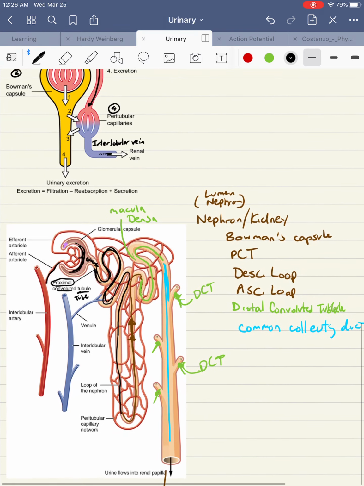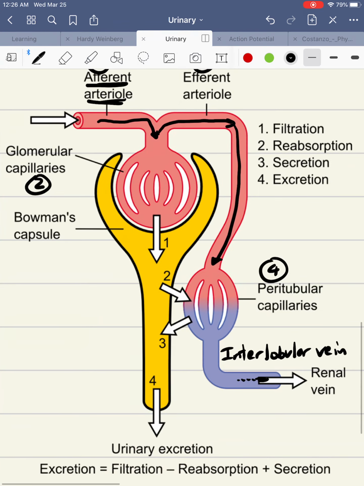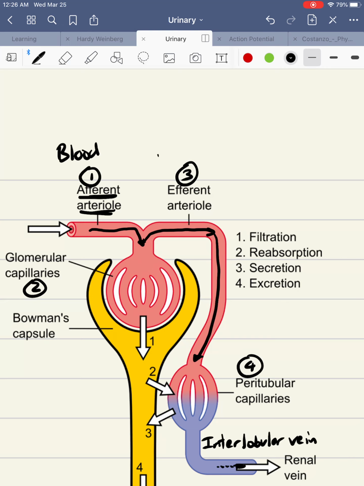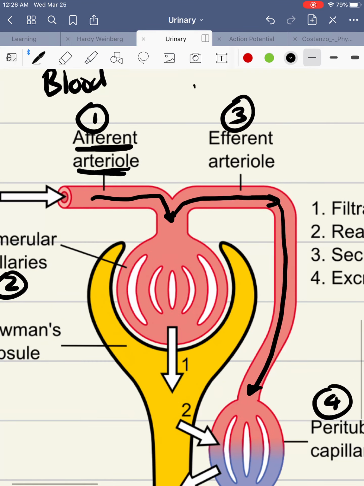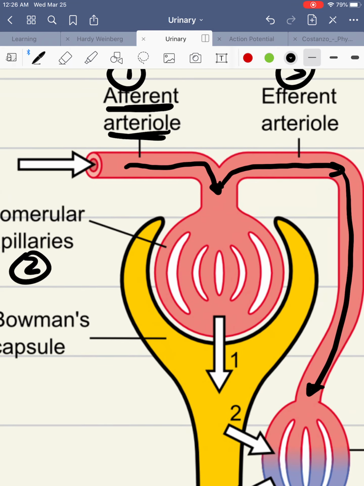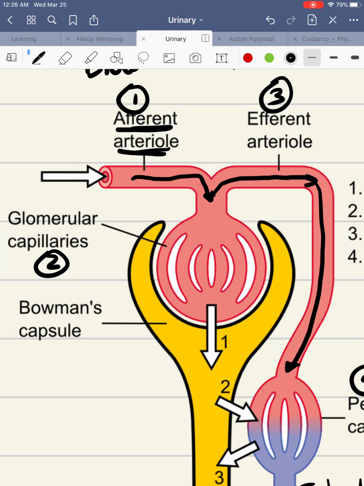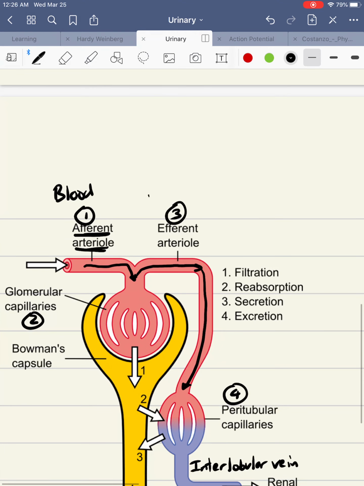Now, here is something I want to tell you, just to be a little redundant about it. We said blood goes into the afferent arterioles. It's going to hit the capillary bed called the glomerulus. What was the function of capillaries?